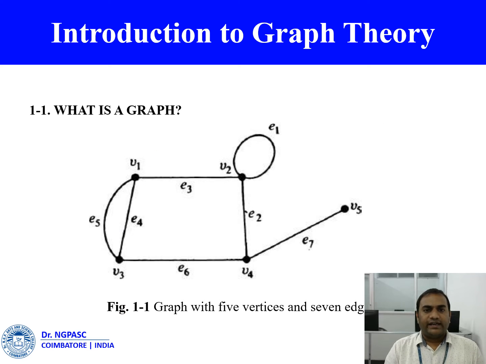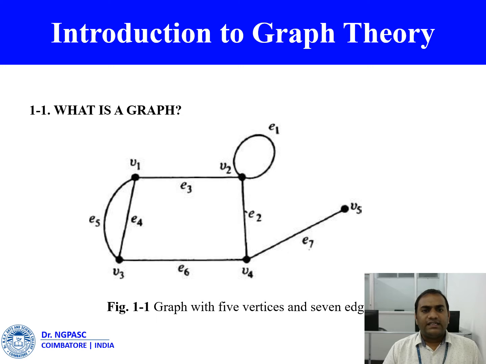Next, diagrammatical representation of a graph. In this page, there are 5 vertices named V1, V2, V3, V4, V5 and 7 edges E1, E2, E3, E4, E5 and E7.